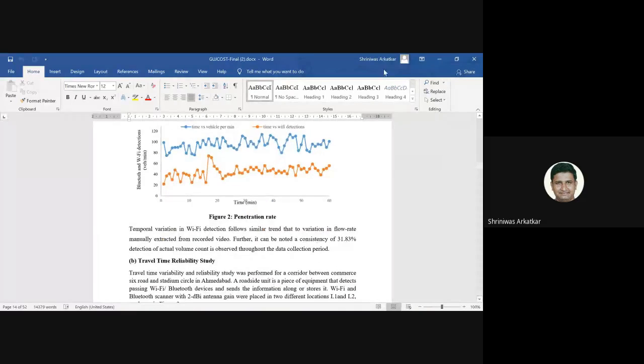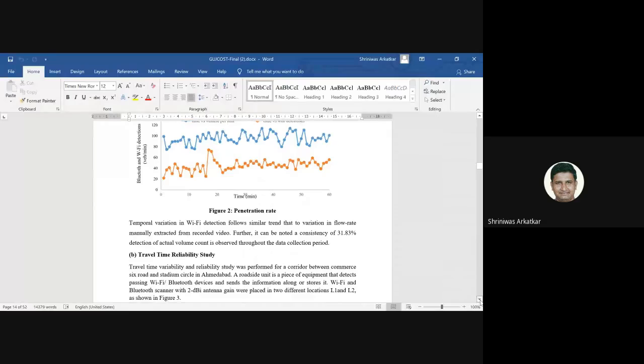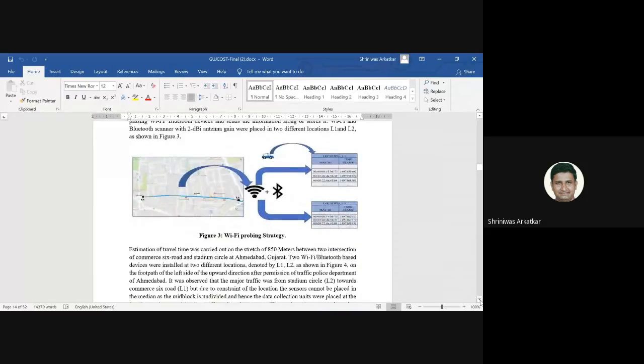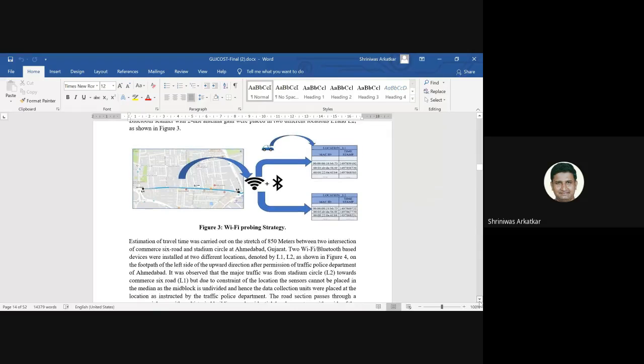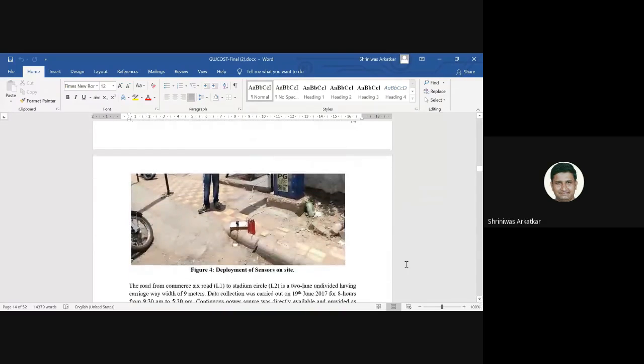So you can choose proper graphs and plots, and convince them how exactly this study is going to be useful. Mainly it is going to be a combination of a clear-cut idea through graphics, flowcharts, and the explanation. Even some experimentation we have done in the field, you can show here.